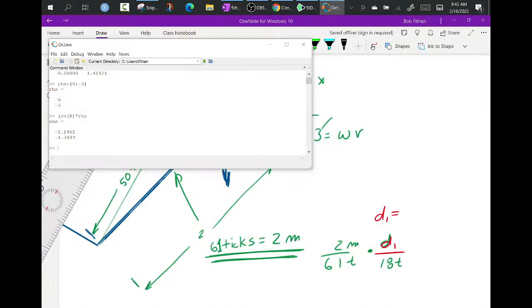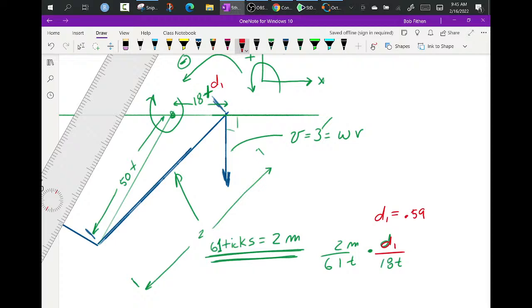So 2 times 18 over 61 gives me 0.59 meters. So this is distance 1, 0.59. What does 50 ticks give you?